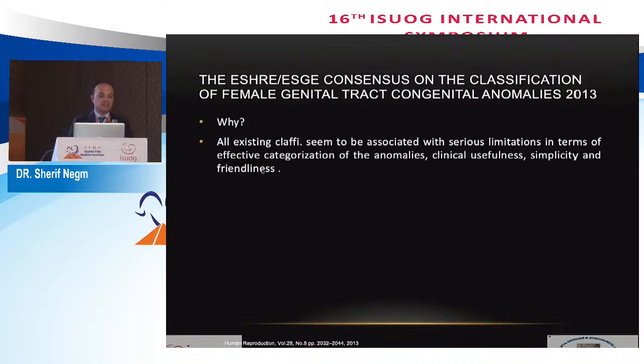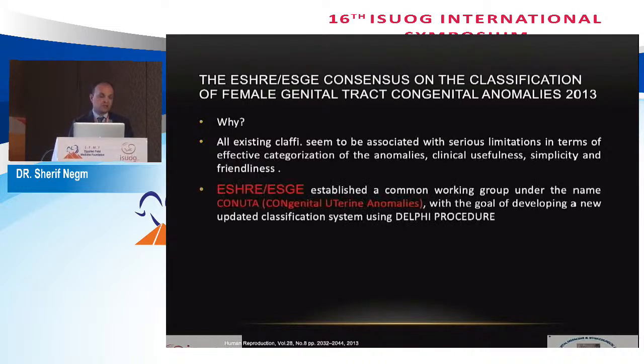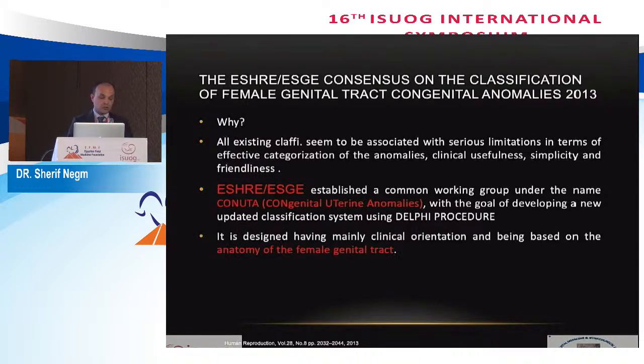This is why the ESHRE group decided to do their own classification system, and they used the CONUTA, which is known as the Congenital Uterine Anomalies Group, and they used the Delphi procedure, which was a sort of anonymous questionnaire, in order to ask a large number of experts what they thought were uterine anomalies, or what they thought was the classification of uterine anomalies.